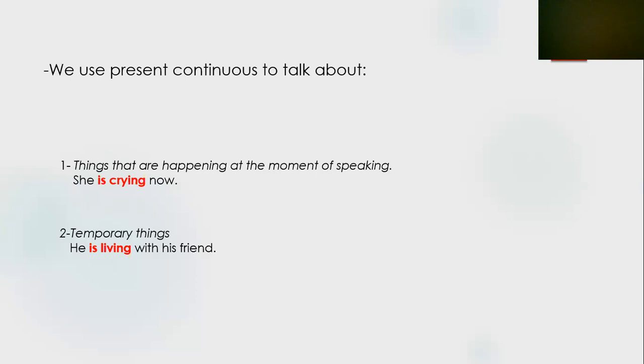So if I want to tell you, for example, that he lives in Amman, he lives there, okay? He lives in Amman, it means that this is not a temporary thing. But when I say, for example, he's living with his friend, it means that he's living with his friend for a short period of time, but after that, it is going to change.